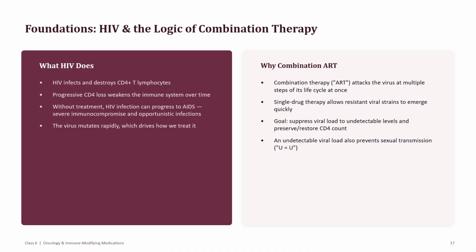So HIV's whole strategy is to basically infect and kill the CD4 T cell, which is the cell that organizes the body's immune defense. HIV mutates extremely fast.